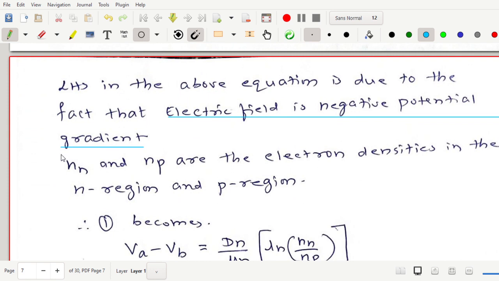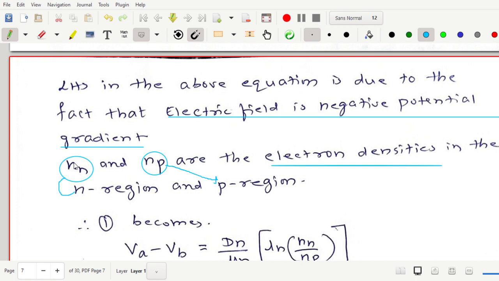n subscript n and n subscript p are the electron densities in the n region and p region. So nn is the electron density in the n region, and n subscript p is the electron density in the p region.